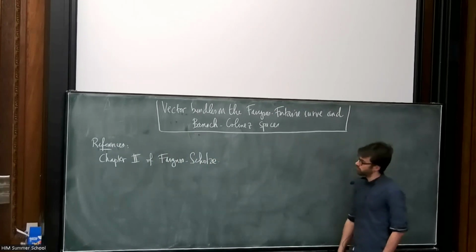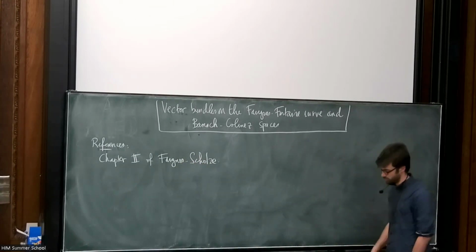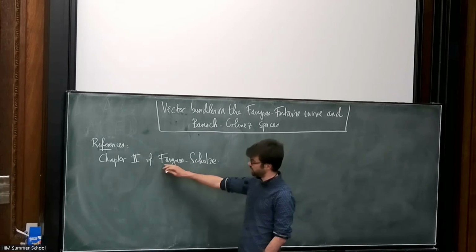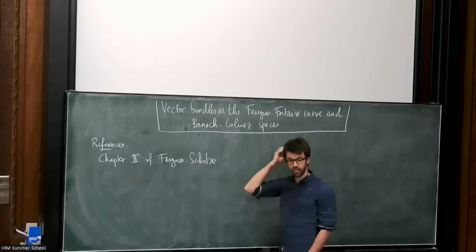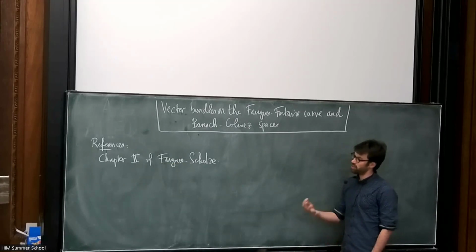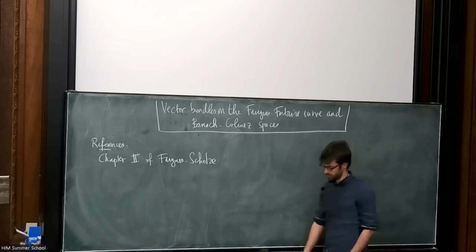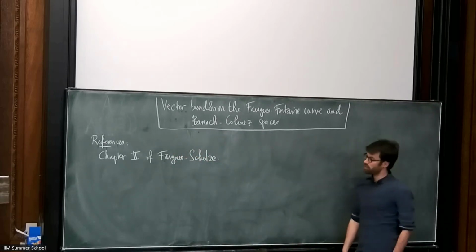And so this chapter 2 is in substance preliminary material for what they do in the rest of the paper, which is about how to use the Fargues-Fontaine curve and ideas from geometric Langlands to say something about the local Langlands correspondence. Which of course goes far beyond what I'm going to discuss.